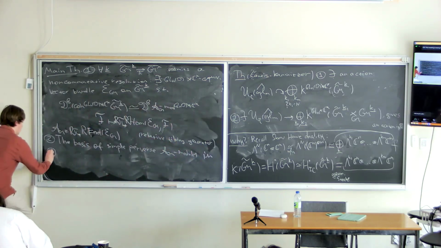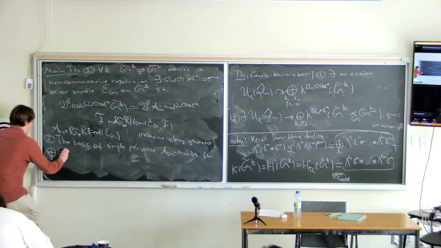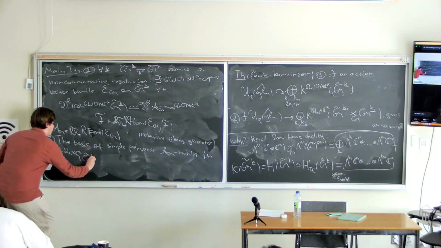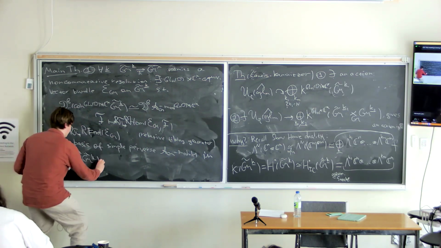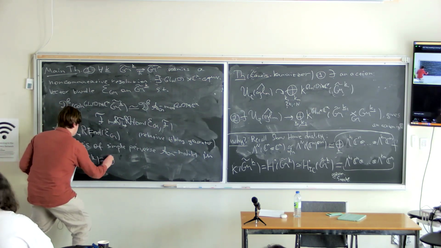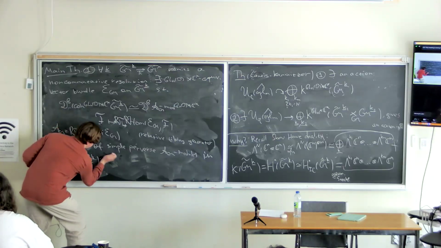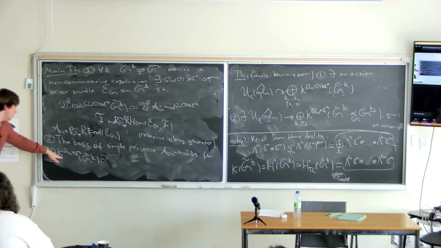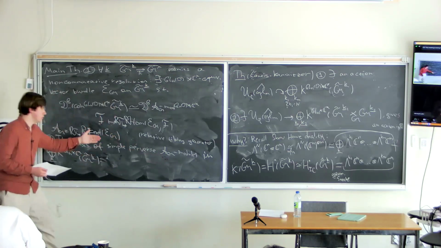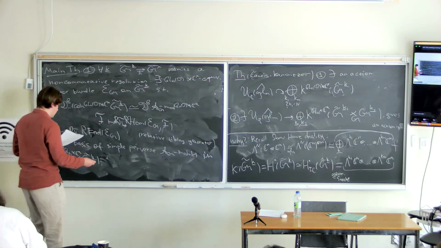So now this sum of K theories is isomorphic. Well, we will not write that, but again, this K theory is isomorphic to the K group of these categories, so it indeed forms a basis.